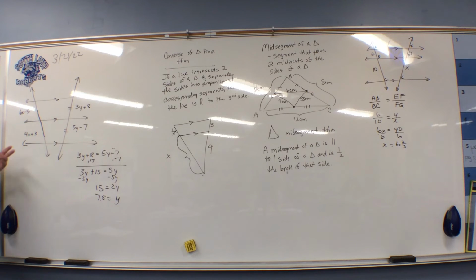And over here, since these two are equal, these two have to be equal, correct? And so I would have 6x minus 5 equals 4x plus 3. I add 5 to both sides, I get 6x equals 4x plus 8, and then I subtract 4x from both sides. 8 equals 2x, x equals 4. Okay? Do we understand that?